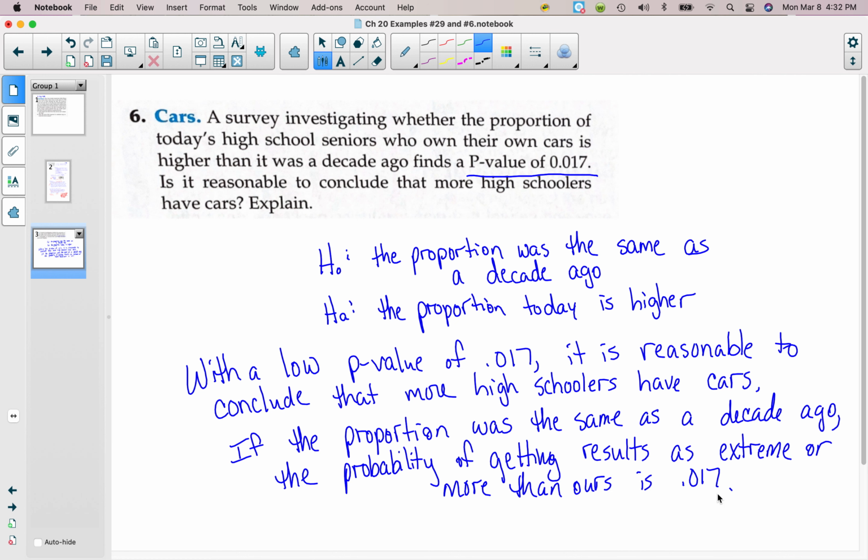Okay, that's a low p-value. How low? When you get below 0.05, unless you are told something to measure it against, then you can pretty much consider that low. Low p-value means reject your null hypothesis. So that would be evidence for that.